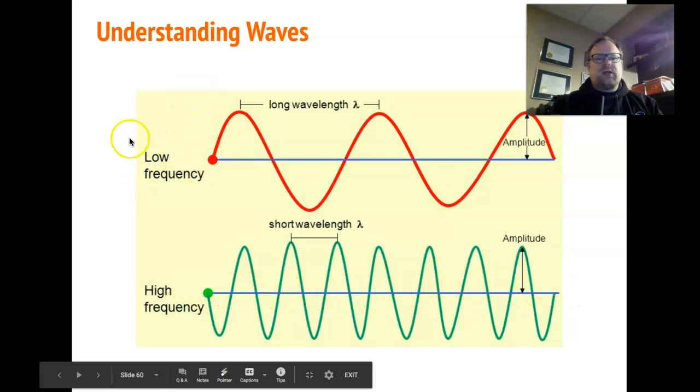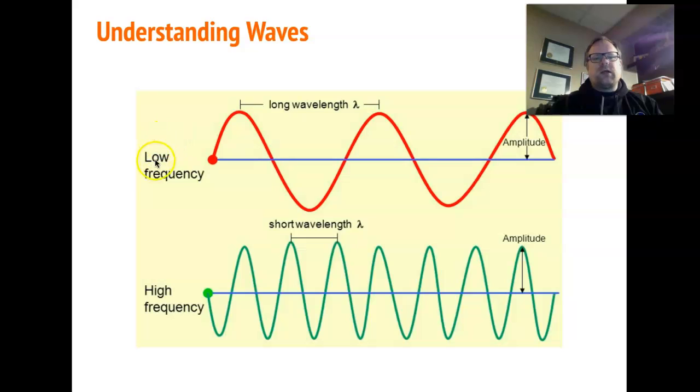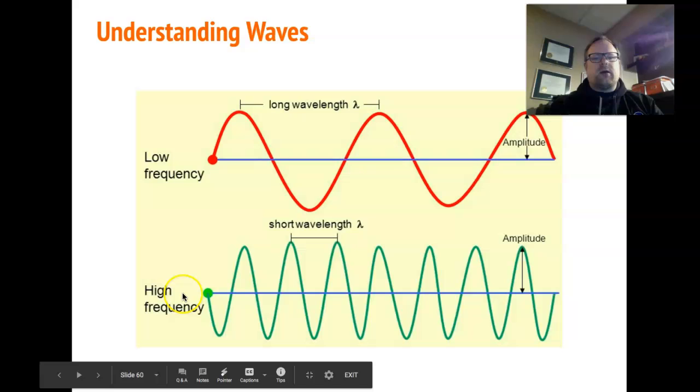So this wave over here is traveling at a low frequency. We're really only getting 1, 2, and a bit wavelengths in the second. Whereas this one, we're getting 1, 2, 3, 4, 5, 6, and a bit, probably 7 wavelengths in 1 second. So this would be low frequency, and this would be high frequency.